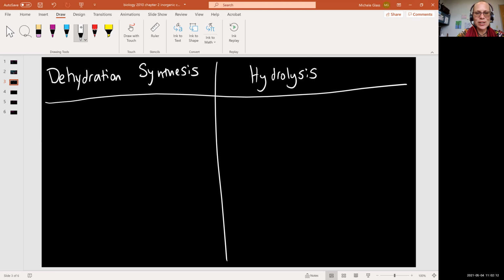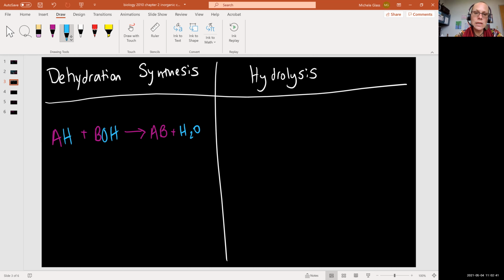In a dehydration synthesis reaction, we can think about this in super generic terms. So we can say molecule AH plus molecule BOH react together to form something new, AB, and in the process, pull out that water molecule.